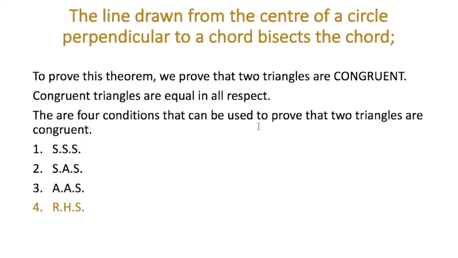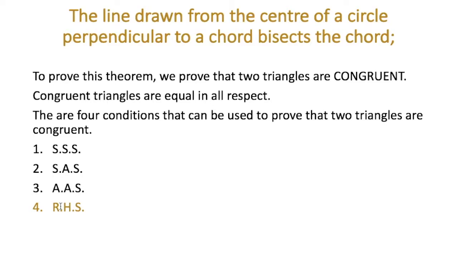So you need to go back and revise congruency. It actually has 4 conditions. We can say 2 triangles are congruent if the sides are equal, which is side, side, side. Or if you have a side, an included angle and a side equal in the 2 triangles. Or you have 2 angles and a corresponding side equal.